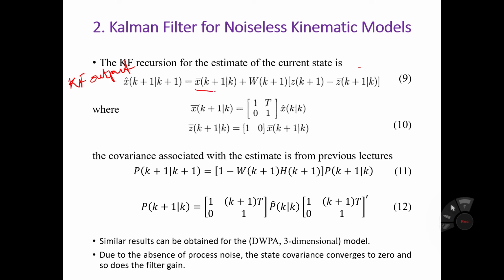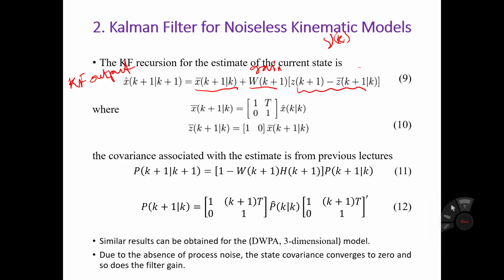This is the prediction from the previous scan, and this is the gain, and this is the residue, like v.